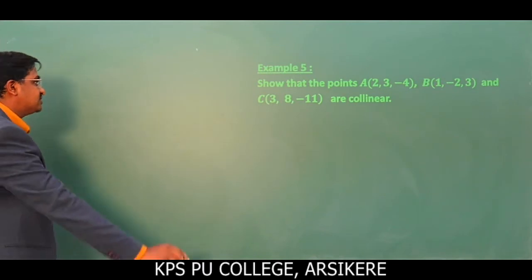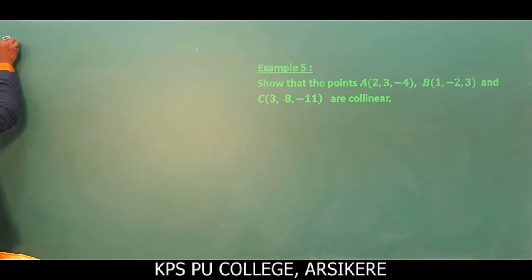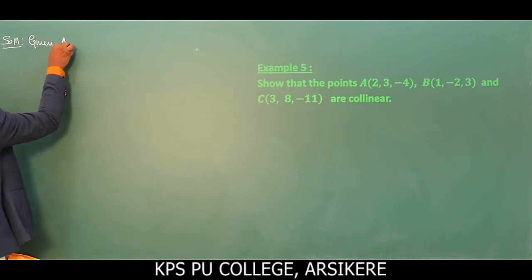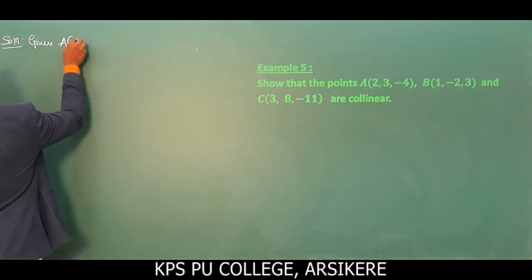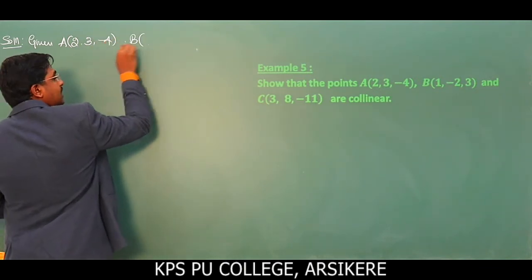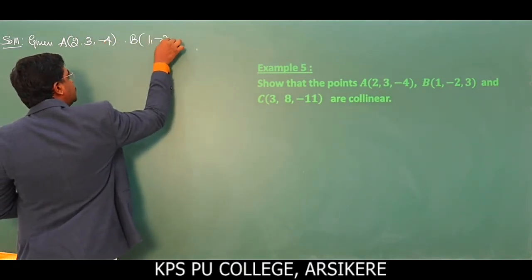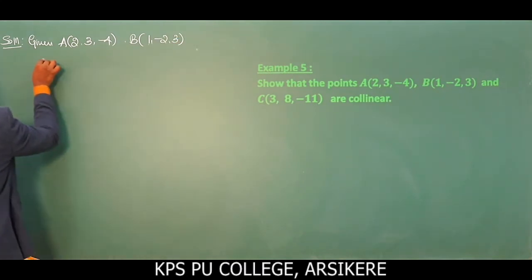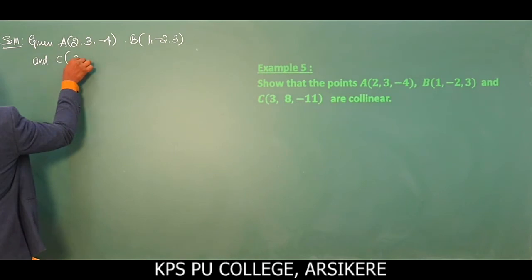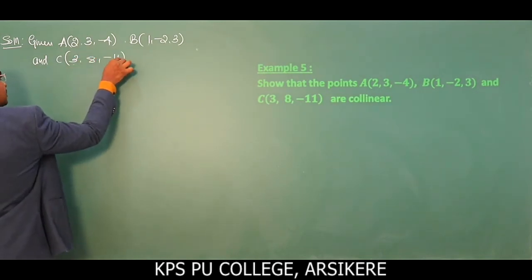Okay, first solution I will take here. Given the points: point A is 2, 3, -4. Point B 1, -2, 3. And point C 3, 8, -11.